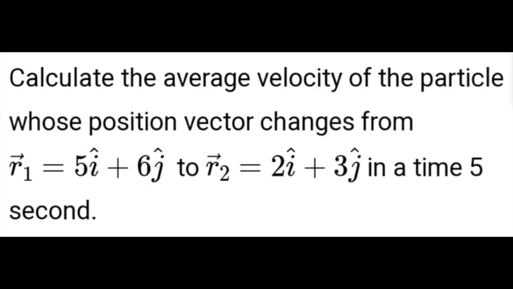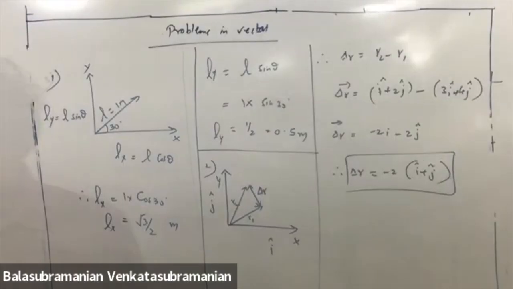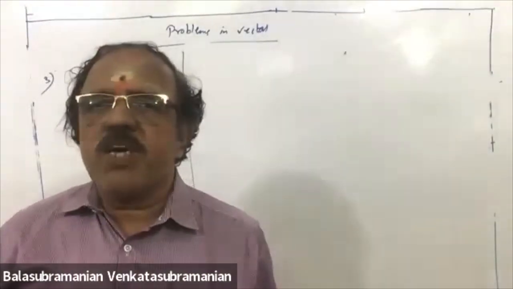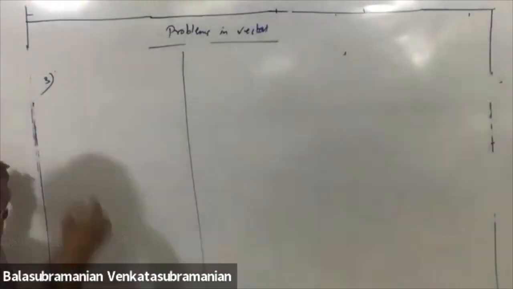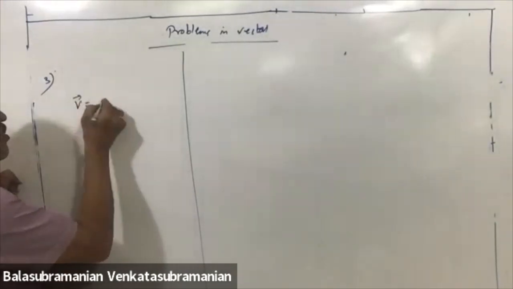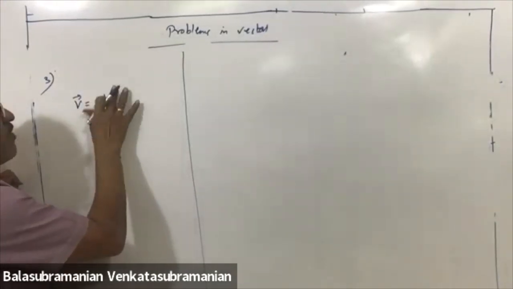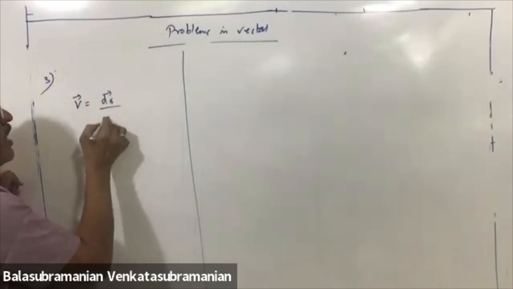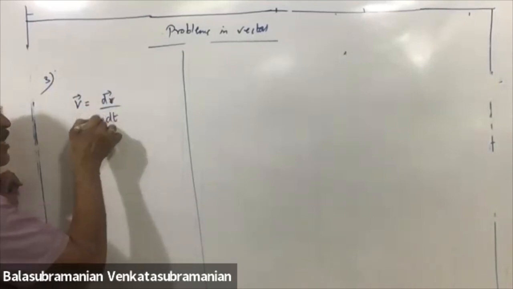R2 value 2i plus 3j. You have to calculate average velocity. Velocity is rate of change of displacement. V is equal to dr vector by dt, rate of change of displacement.